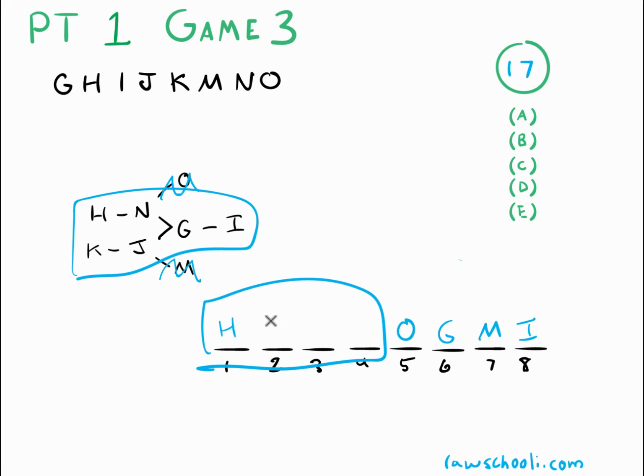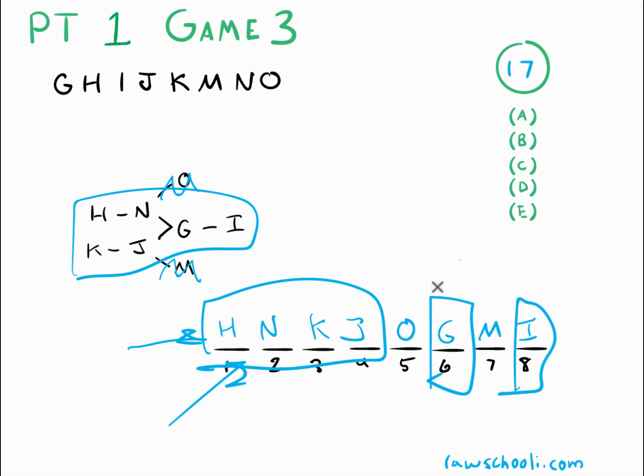You could have H, K, N, J. You could have H, N, K, J. So we can't determine for these 4 where they are. The only 2 that we know are stuck in the back here are G and I, right? So that comes up with an answer of 2. We know exactly where 2 are, and that's answer choice B.